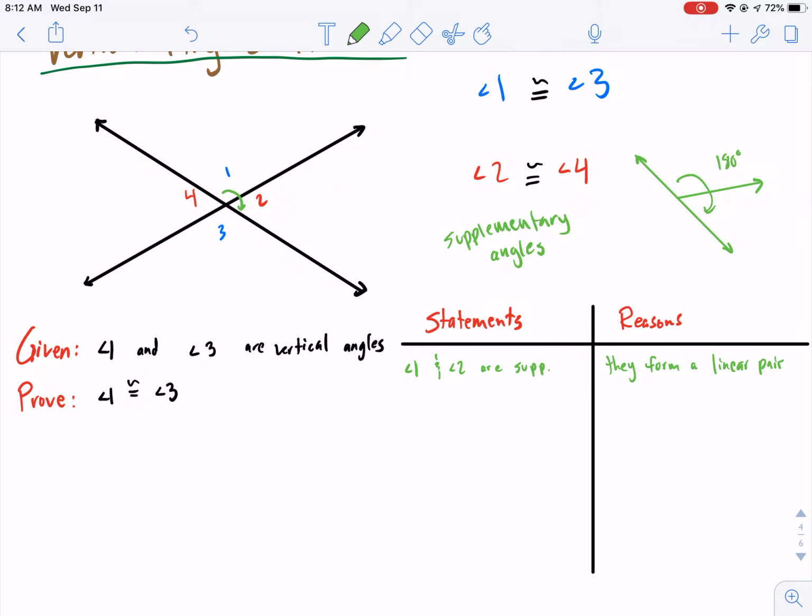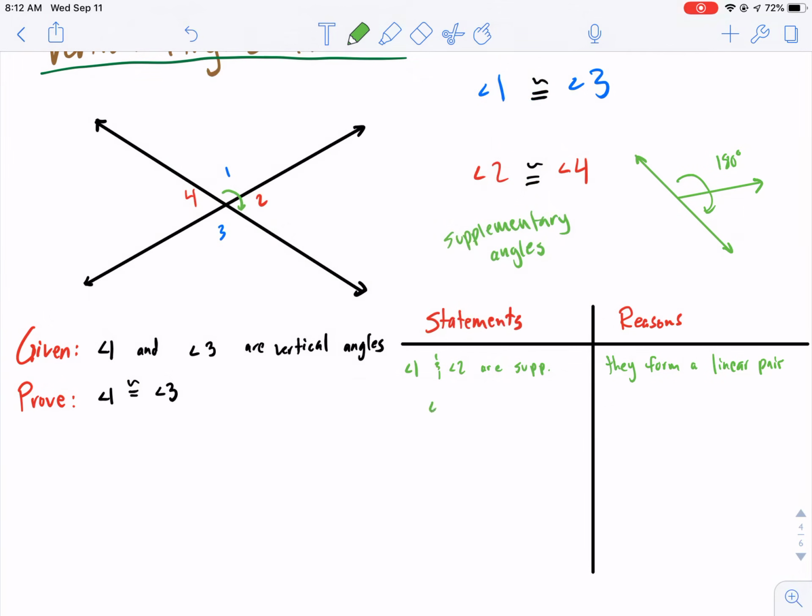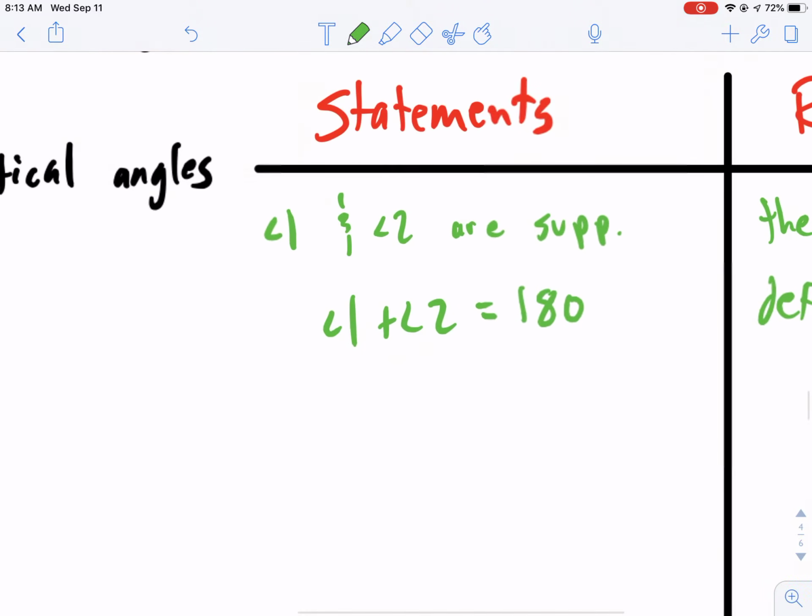So now, if they add up to 180 degrees, let's write that. Angle 1 plus angle 2 equals 180. So we know that bit. And why? That's the definition of supplementary angles. Now, I'm going to subtract angle 2 from both sides.